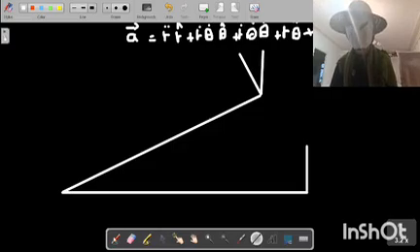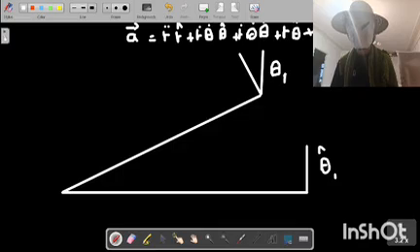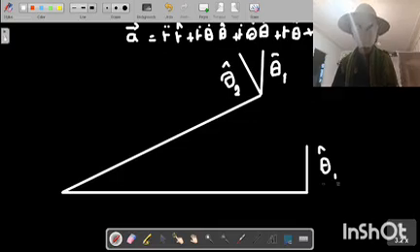Now, this is theta hat 1, this is theta hat 1 again, this is theta hat 2. This is basically what you shifted up. Now question here, what is the amount of that? This is delta theta.